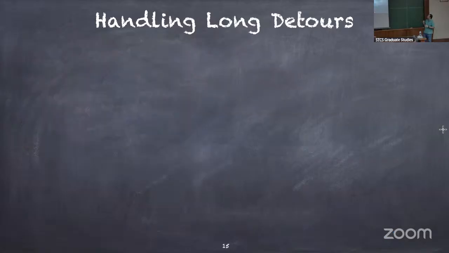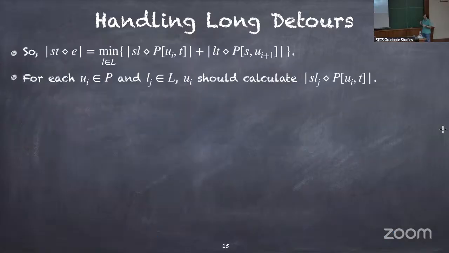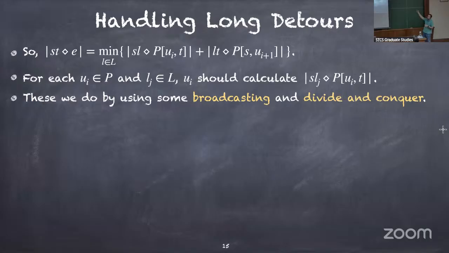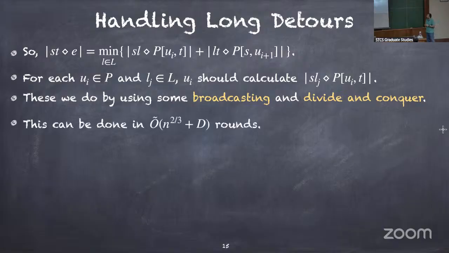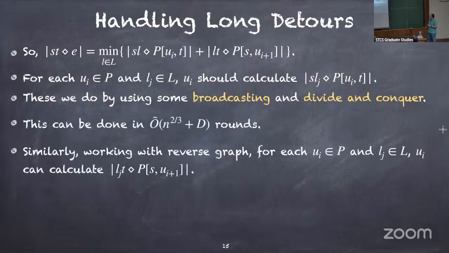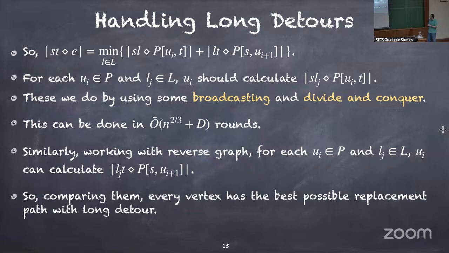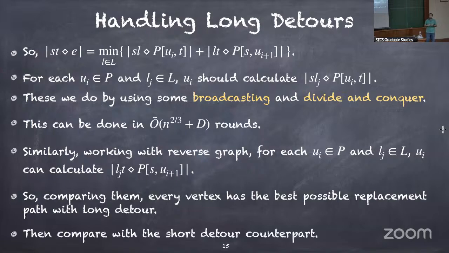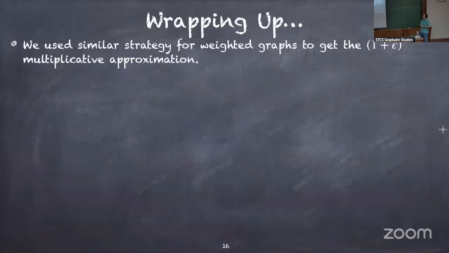For the long detour part, you need some S to L avoiding path, and we have done this using broadcasting and divide and conquer techniques, which can be done in n to the power 2/3 plus D rounds. After comparing the short detour and long detour parts, we can get the best possible detour starting at Ui. We use similar strategies for weighted graphs, with 1 plus epsilon multiplicative approximation.